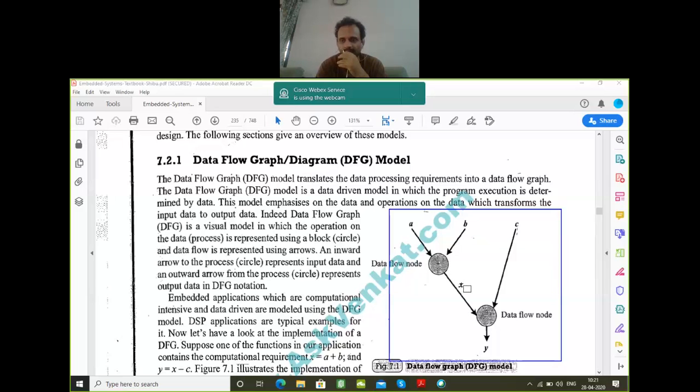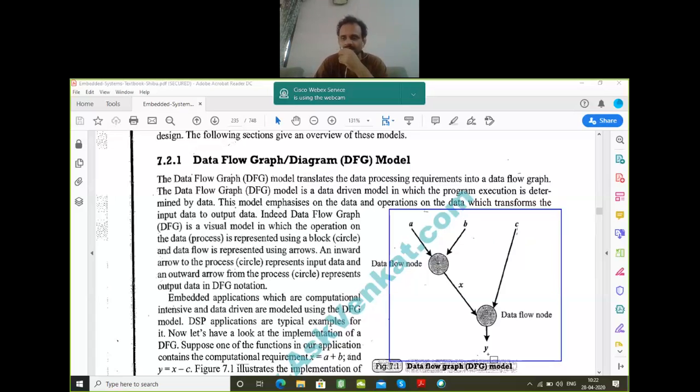After you add A plus B, you get the output X, and then you have the input C. You subtract C from X, and you get output Y. So two operations are performed, addition and subtraction, on the input variables.